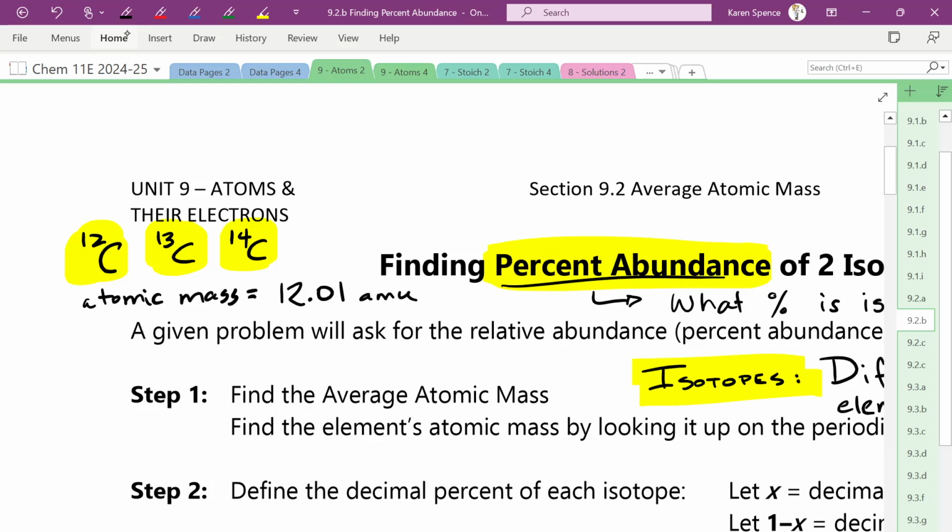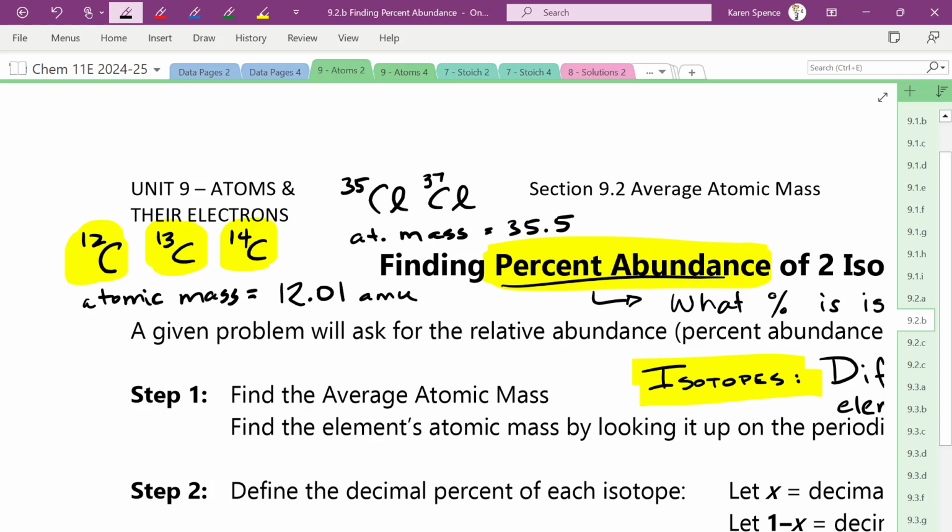Now, let's say we had chlorine, which comes in two versions, chlorine 35 and chlorine 37, and the atomic mass is 35.5. If I said to you, what is the relative abundance? So which one is present in greater quantities? Which one is present in lesser quantities? That's relative. How do they compare to each other? There is relatively more. Which one? 35.